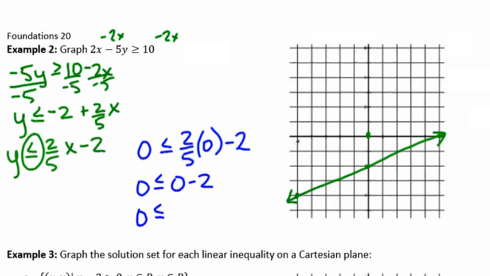So is 0 less than or equal to -2? No, that is false. So (0, 0) is not the side that I want to shade. I want to shade the other side when it does not satisfy. Because (0, 0) didn't work, no value on that side will work. So I know to shade the other side where that point does not exist.